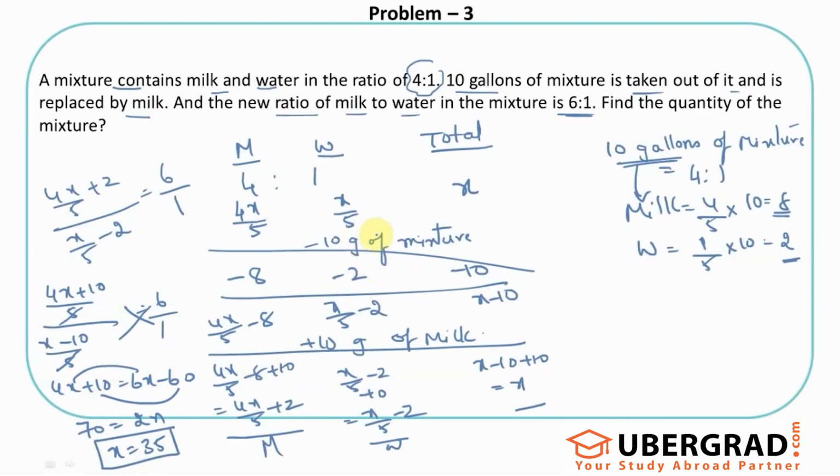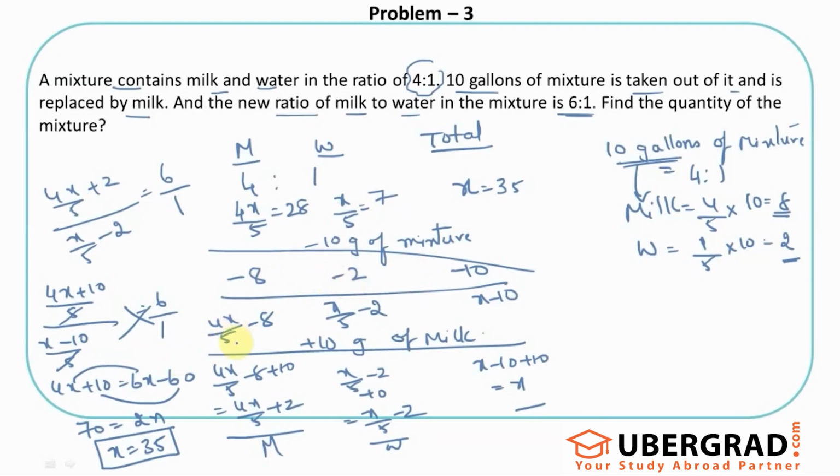Right, so we started off with 35 gallons of mixture containing milk and water, and we need to check that it satisfies the given condition. So let me check and show that. This is 35, this should be 7, and this should be 28. I started off with 35 gallons of mixture which contained 28 gallons of milk and 7 gallons of water. Now I am removing 10 gallons of mixture which is 8 gallons of milk and 2 gallons of water.